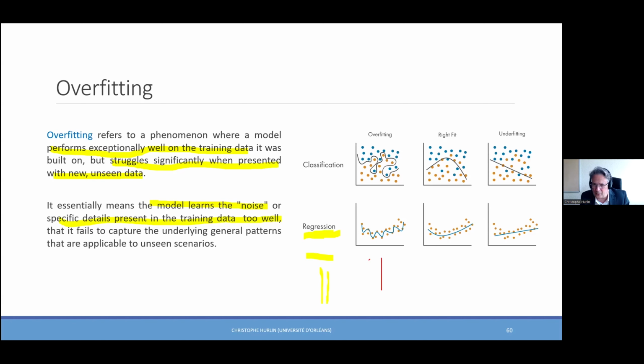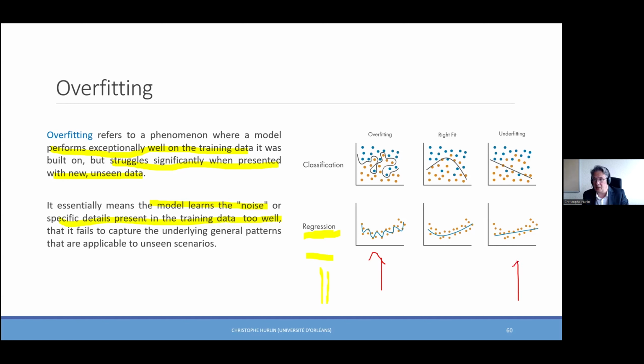If you have this type of graph, you will have a very high R squared, but maybe it is the evidence that your model fits your training data set too well. And if I use this model with new data, maybe I will obtain a large decrease in my R squared.